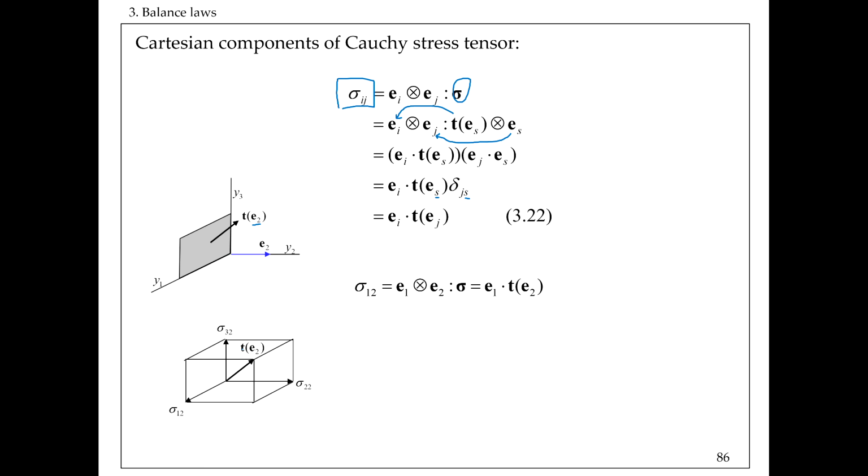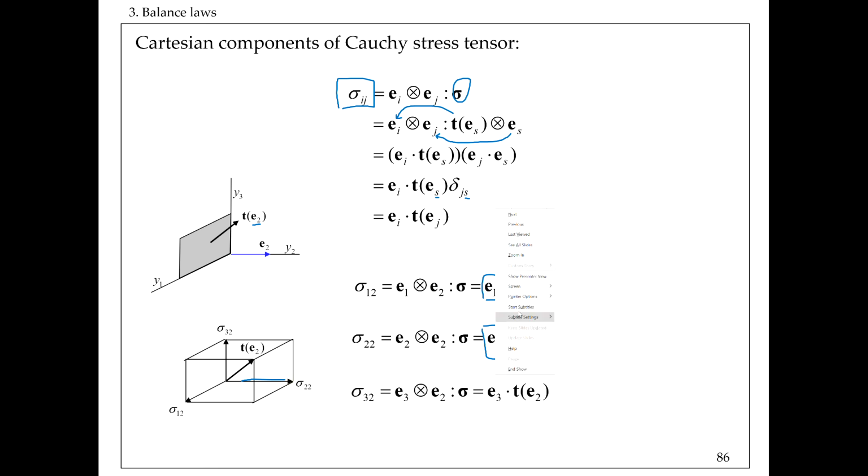Exactly what is written here: for 1, 2 you multiply with E1, the projection of T onto this direction, and for 2, 2 the multiplier is E2, the projection of T onto this direction, and for 3, 2 you project that vector T onto this direction. So from the traction on each face you have these three components.